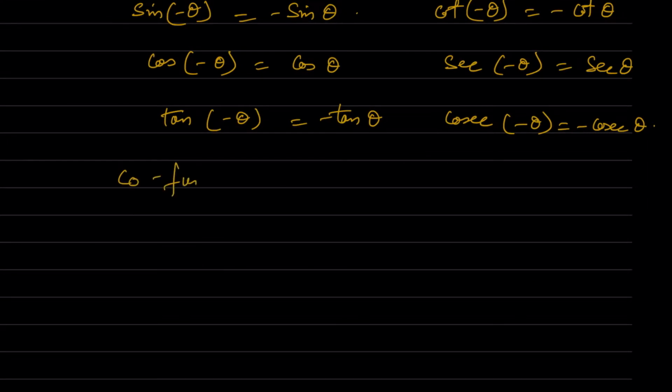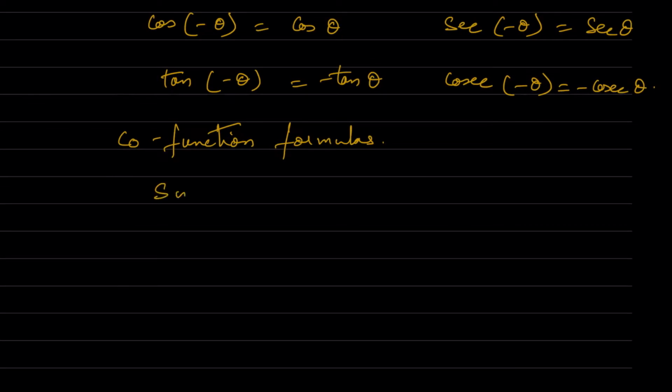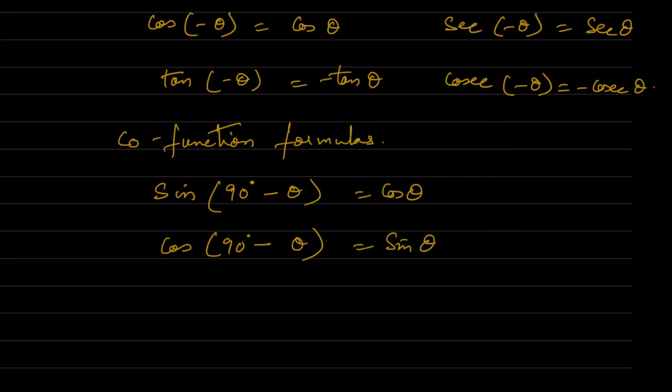Next we have cofunction formulas. So what are these cofunction formulas? We'll see. Sine of 90 minus theta is equal to cos theta. This sine and cos are cofunctions, so when sine 90 minus theta is taken, you get cos.